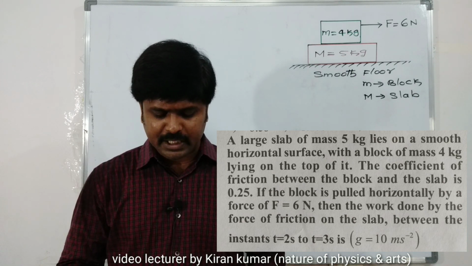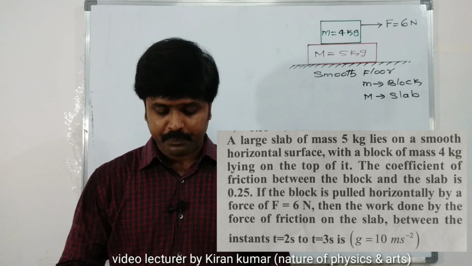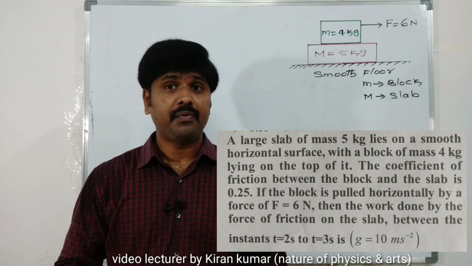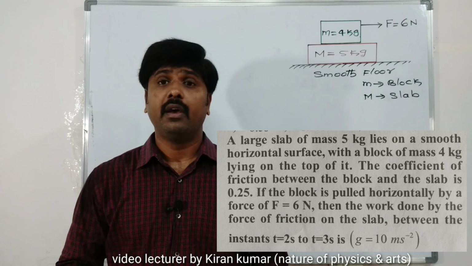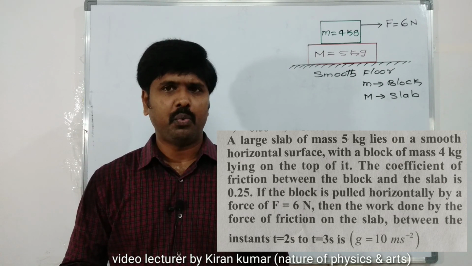If the block is pulled horizontally by a force of 6 newtons, then find the work done by the force of friction on the slab. Okay, so work done by the frictional force we have to find.